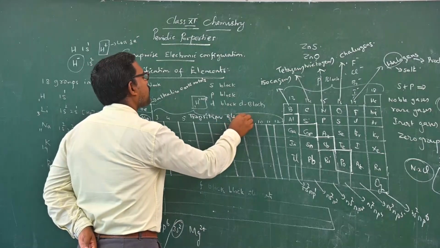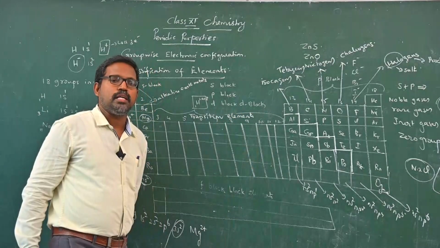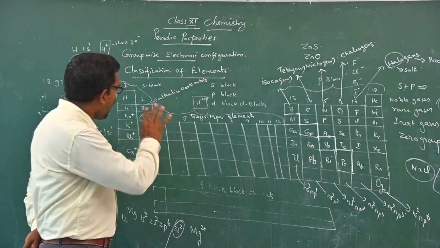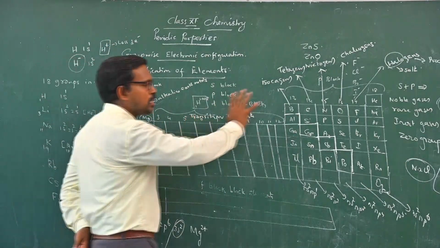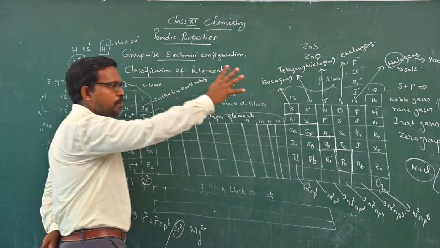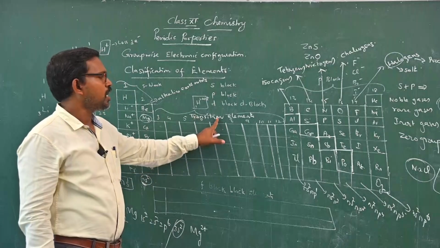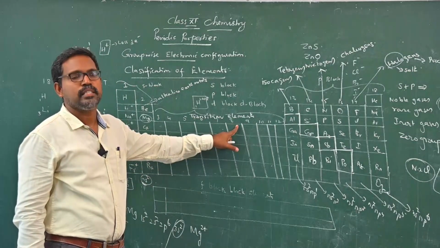Why are they called transition elements? They form a bridge between highly reactive metals and less reactive non-metallic elements of the p block. Therefore, they are called transition elements.